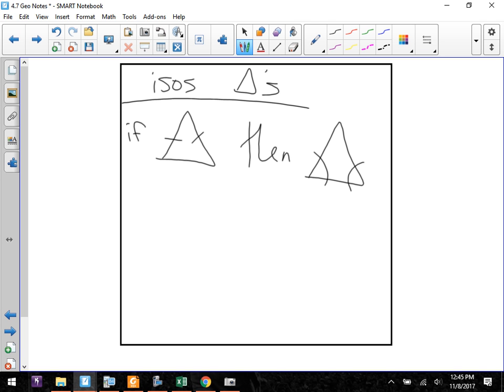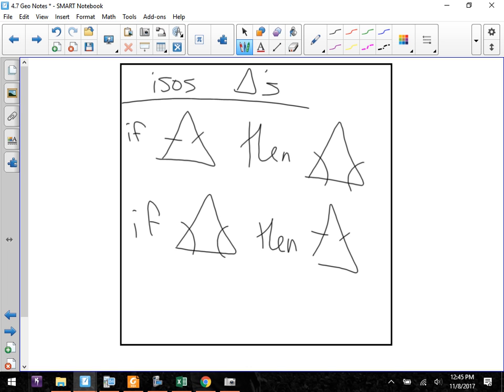The base angles are always the ones that are opposite the legs. And it goes the same way going the other direction. If you have base angles that are congruent, then you know that you have legs that are congruent. Sides, excuse me. As you get further into math, we start calling the sides of triangles legs.